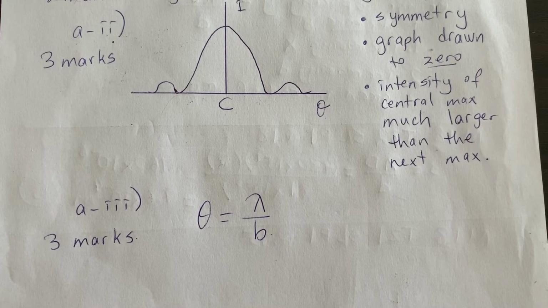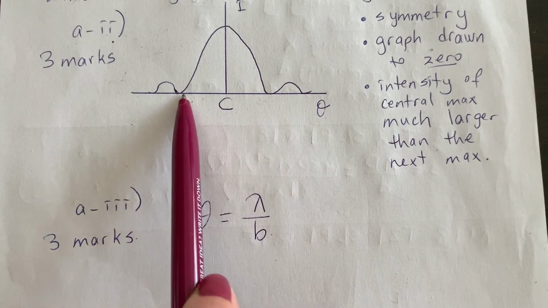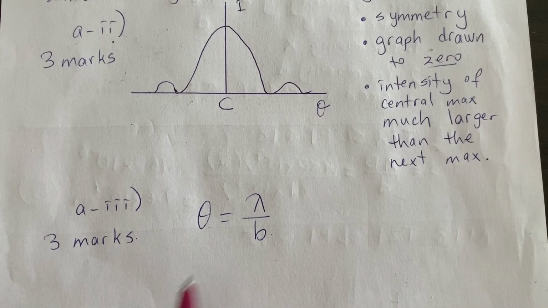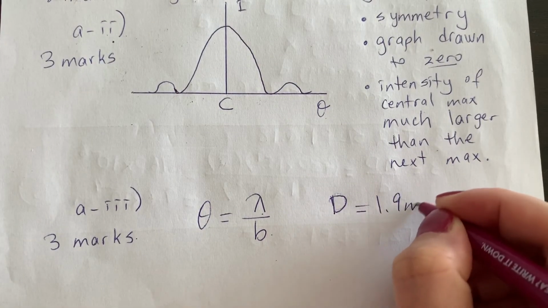Part 3 asks us a calculation of the width of the central maximum. So it's asking for that whole length. Now we know the wavelength, we know B, and we know the distance from the screen, which is given as 1.9 meters.